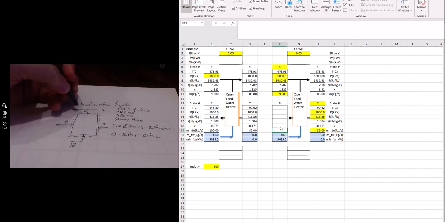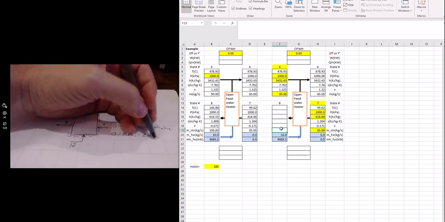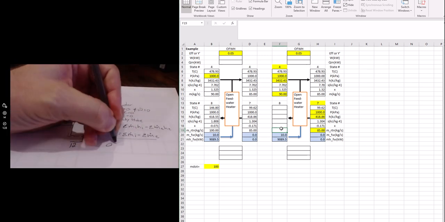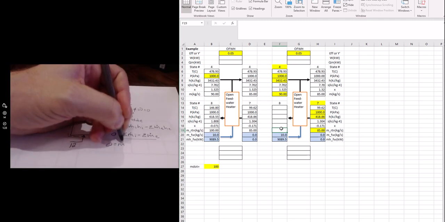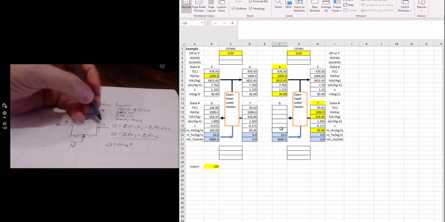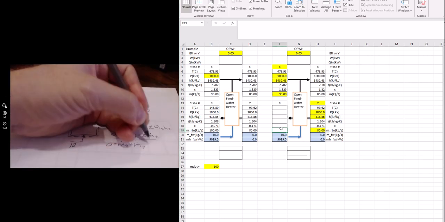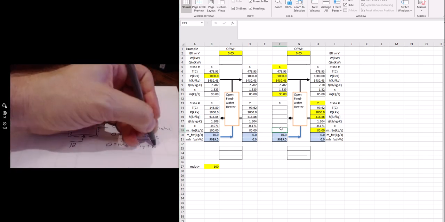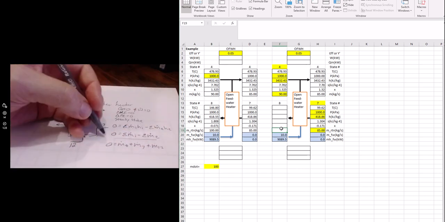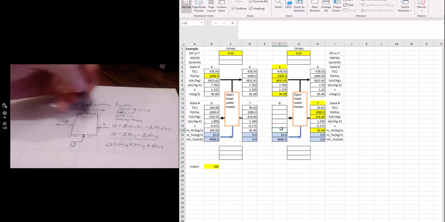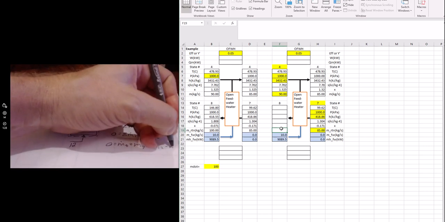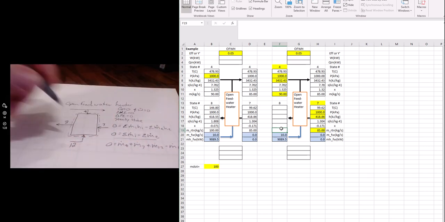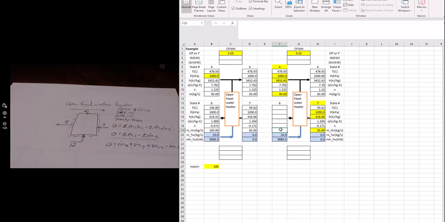So the mass flow rate at 8 equals, if I use this equation, so I've got 0 equals m dot 4 plus m dot 7 plus m dot 12. Those are my 3 inlets, minus the mass flow rate at the exit. This is the only exit, minus m dot 8 equals 0. So that means that this mass flow rate is the sum of all of them coming in.